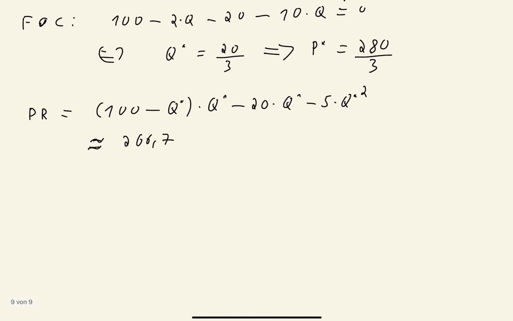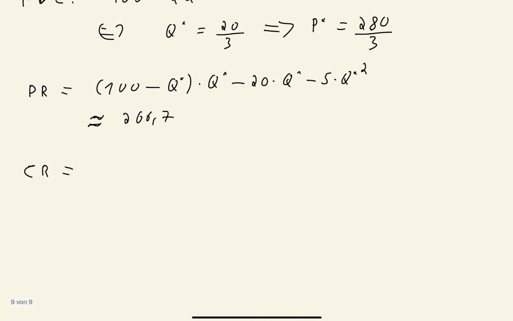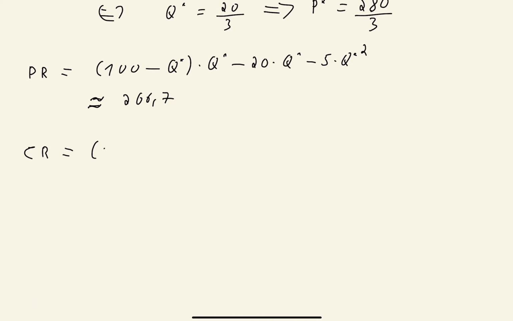The consumer rent can also be calculated quite easily. If you look at the demand function, the price above which there is no demand is equal to 100. This corresponds to the maximum willingness to pay that the consumer has in this market. So we take the 100 and subtract the monopolist price, which is 280 divided by 3.